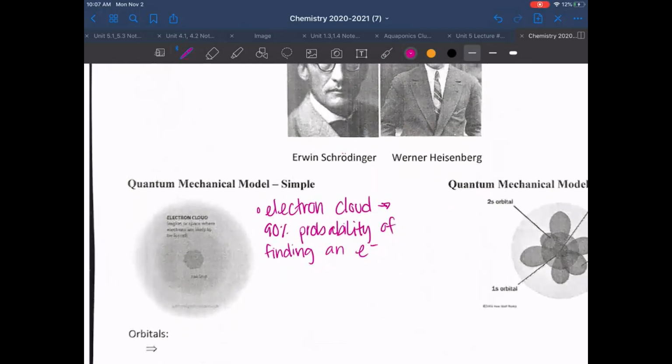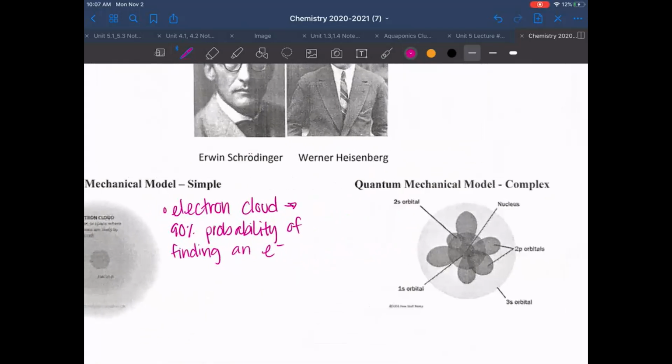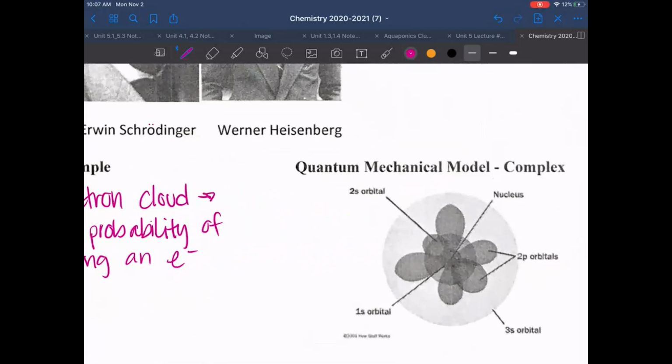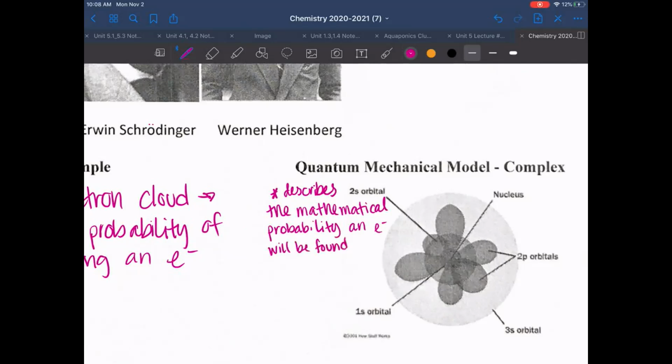And so if we look at a more complex idea, these orbitals that we talked about, those boxes we are filling in with arrows, they actually have shapes to them. The more complex way to think about it is that this model describes the mathematical probability an electron will be found in regions called orbitals.